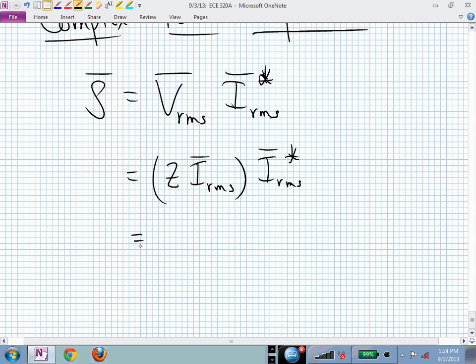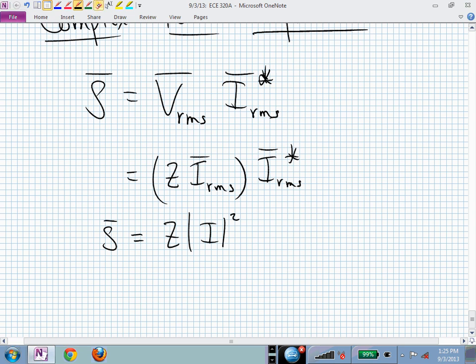And we derived that result, that I times its conjugate is the magnitude of I squared. So that now we can say that the complex power of a piece of electrical circuitry is the impedance times the magnitude of the current squared.